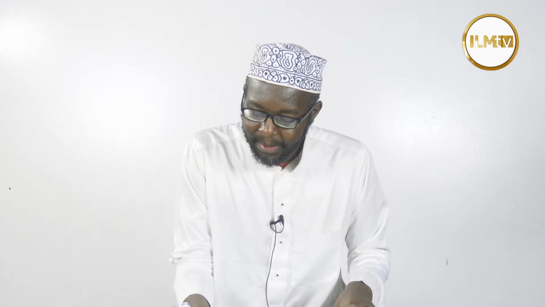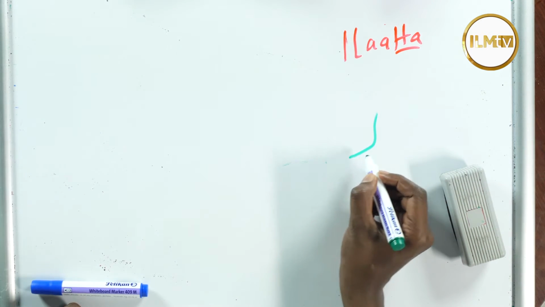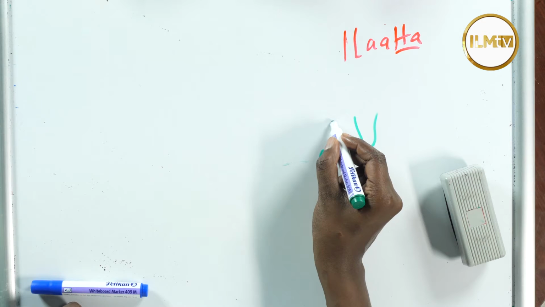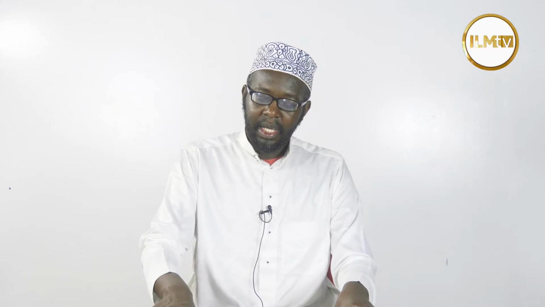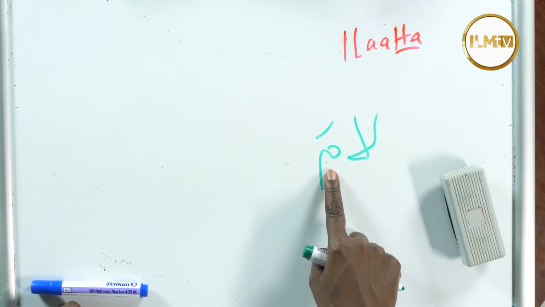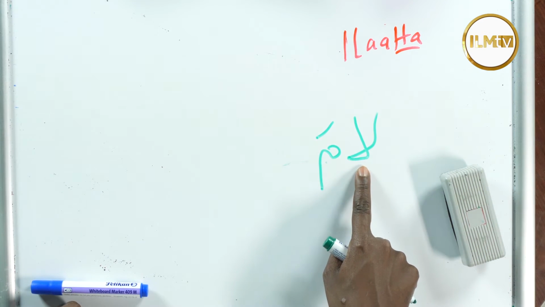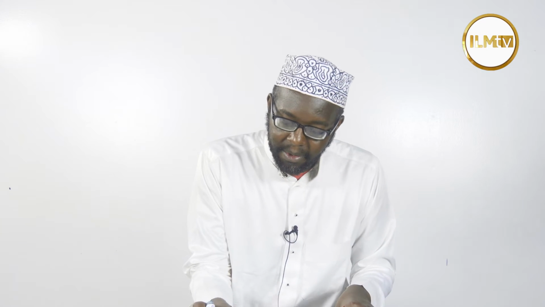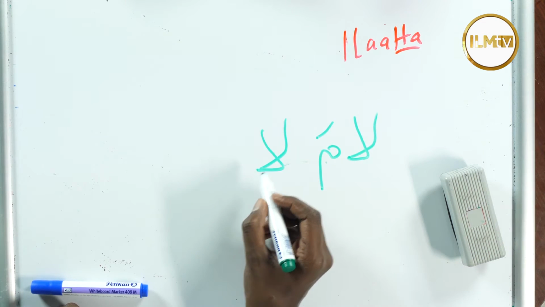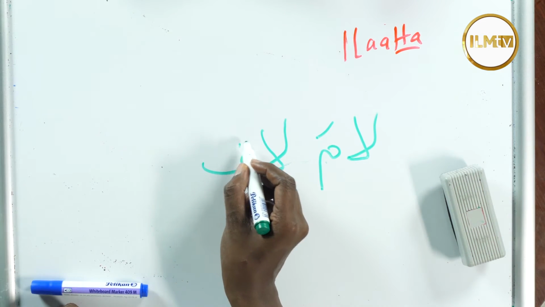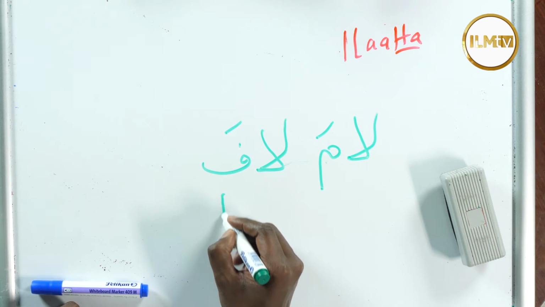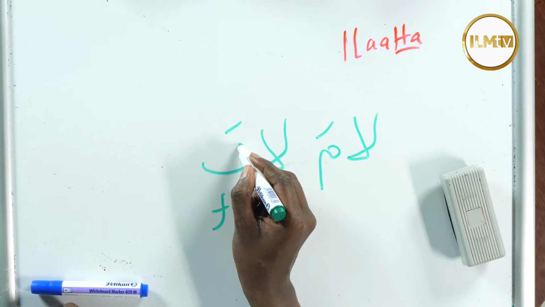Now let's do other examples with lam alif. How will we read this? La, that's an M. La, ma, lam. Another example. La, fa, that's an F, with one dot.